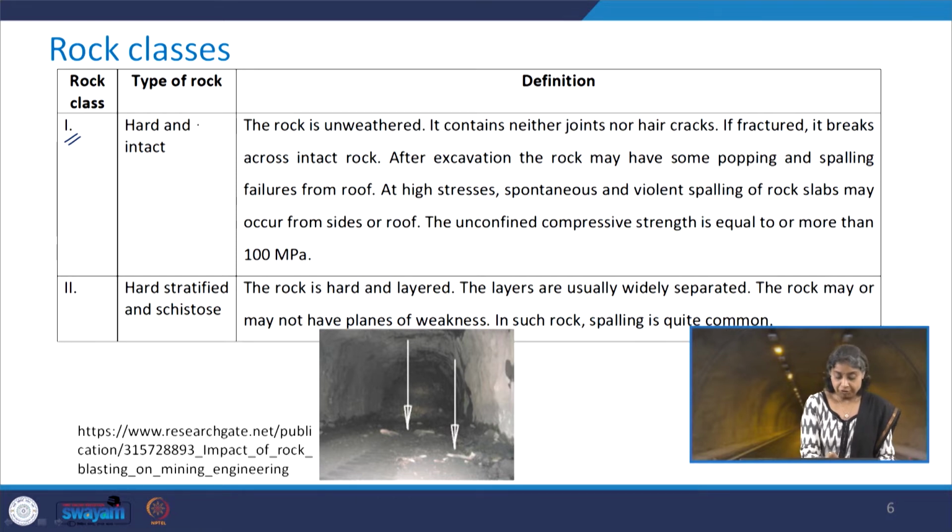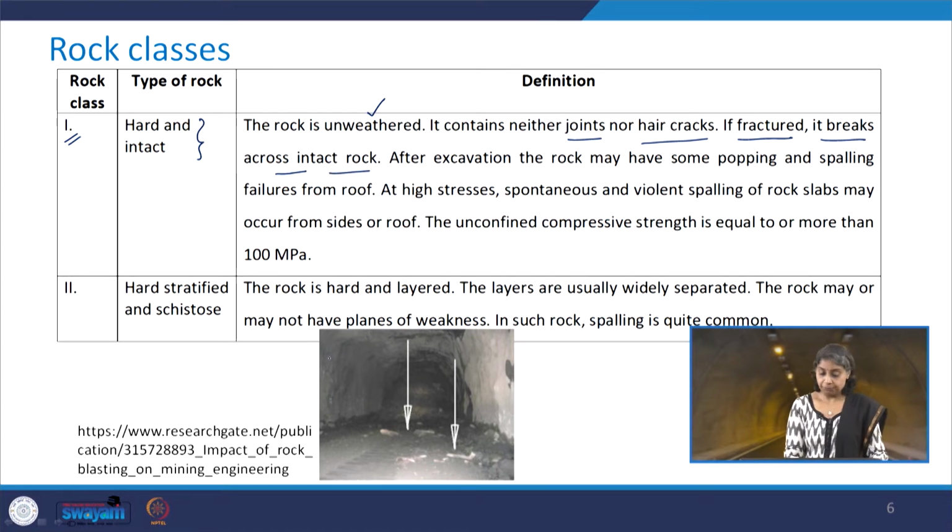the type of rock was hard and intact. And what was the definition? In this case, the rock is unweathered. It contains neither joints nor hair cracks. But if it is fractured, it breaks across the intact rock.